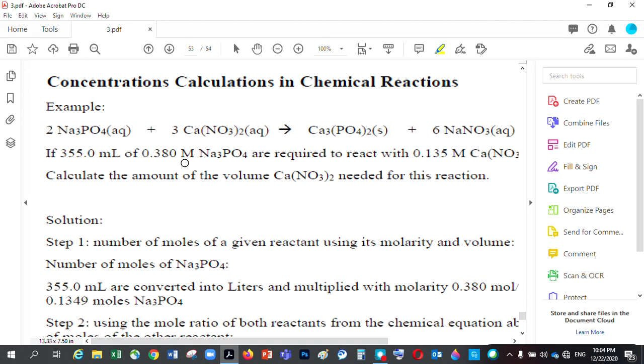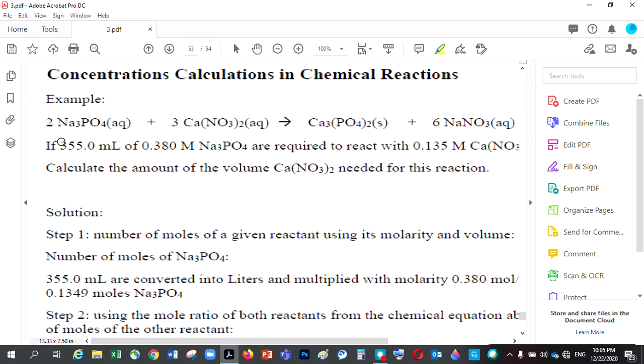Use this ratio with the help of the molar mass of the desired or asked reactant or product. You can calculate the number of grams, or molarity, or anything asked for. But those are the steps.